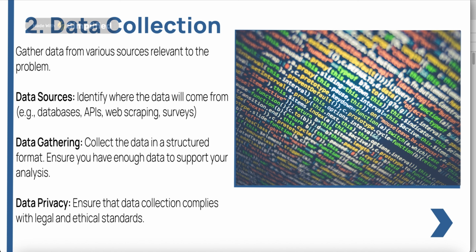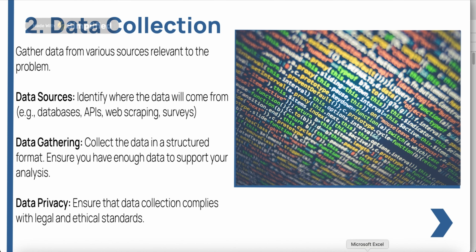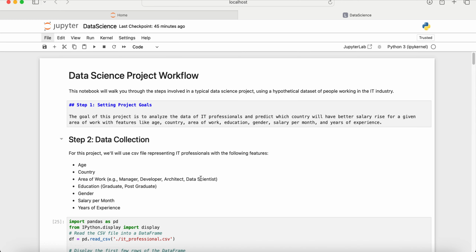Okay, so now what it means in practice, we will see that. See, this is a Jupyter notebook. I have set a goal, and the goal is to analyze the data of IT professionals and predict which country will have better salary rise for a given area of work.